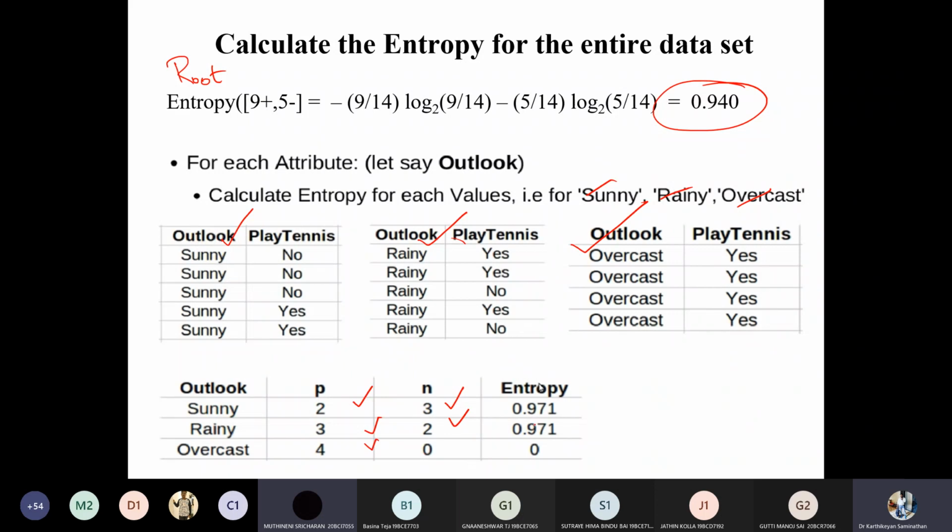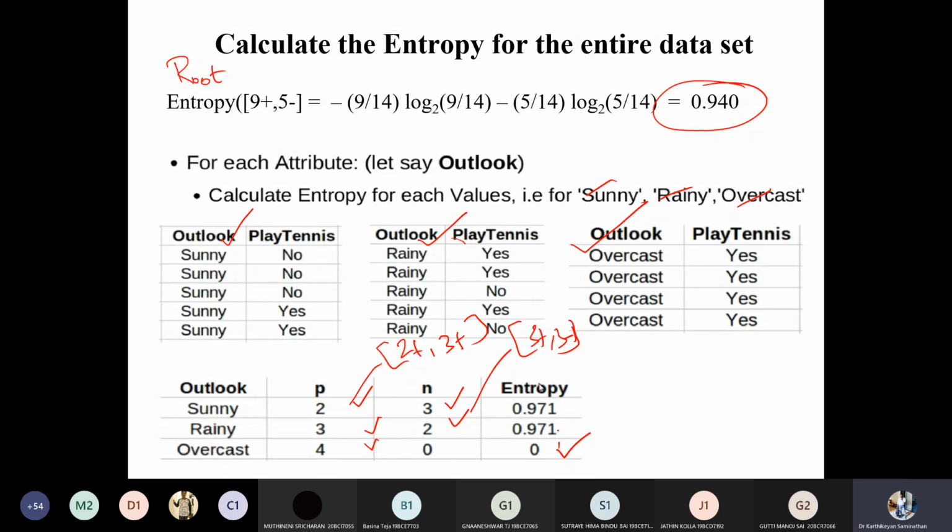Whenever the negatives are 0, obviously log 0, I told you it is 0. When you multiply 0 with entropy, this is also 0. So this is 0. Now for sunny and rainy the entropy value is calculated. Sunny is 2 plus 3 minus, and rainy is 3 plus 2 minus, so this is also the same.